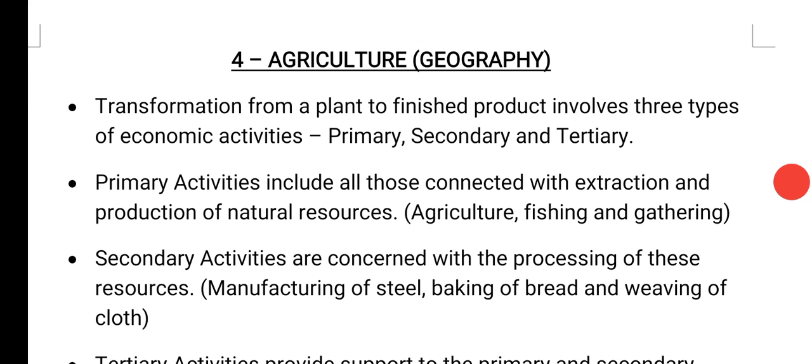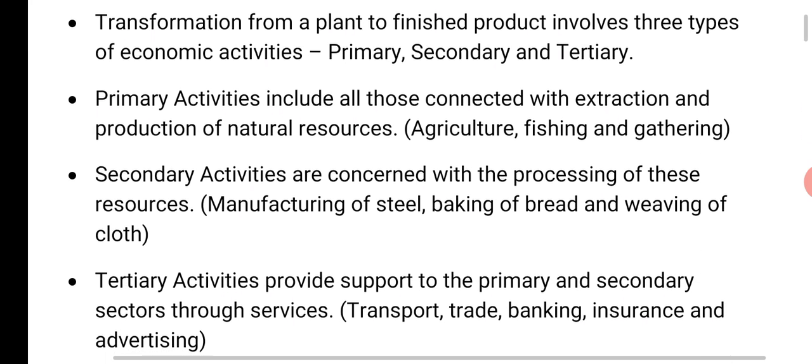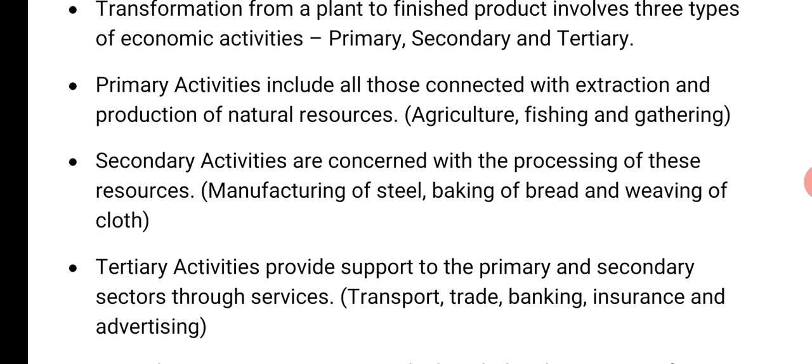Primary activity includes all those connected with extraction and production of natural resources like agriculture, fishing and gathering. Secondary activities are connected with the processing of these resources like manufacturing of steel, baking of bread and weaving of cloth.